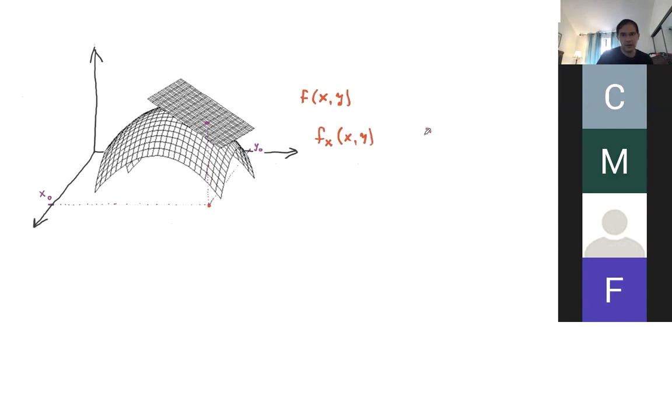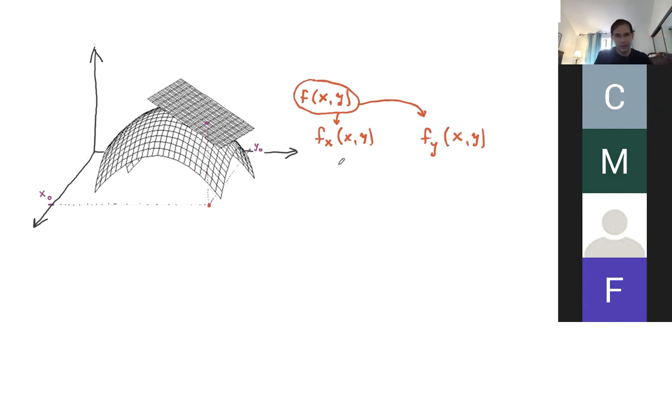And I can also compute the derivative of this function with respect to y. So this new function is a function of x and y, and so is the y derivative.